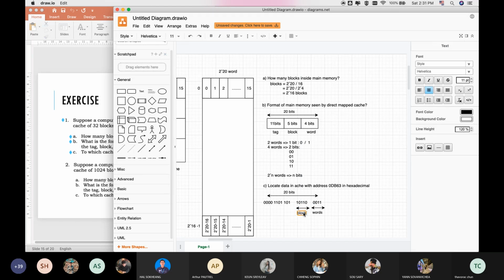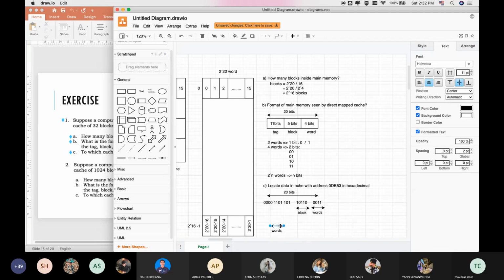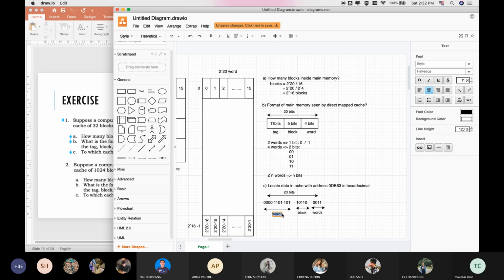And then the remaining bits here represent the tag. So this is the tag.